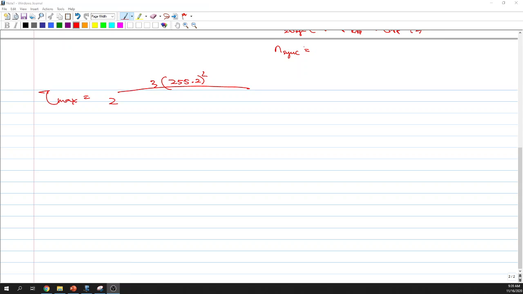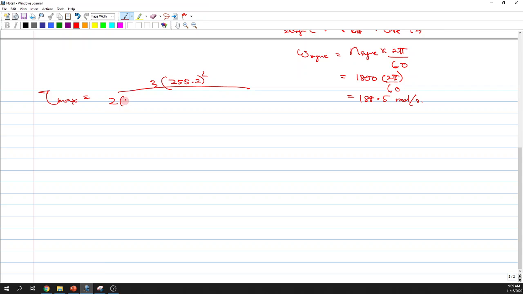Okay, not N sin, but the omega sin. So omega sin is equal to N sin times 2 pi divided by 60. So 1800 times 2 pi divided by 60 is equivalent to 188.5 radian per second.